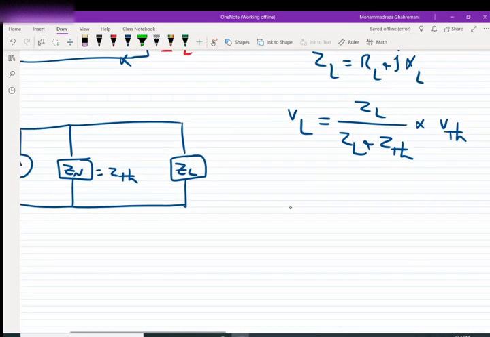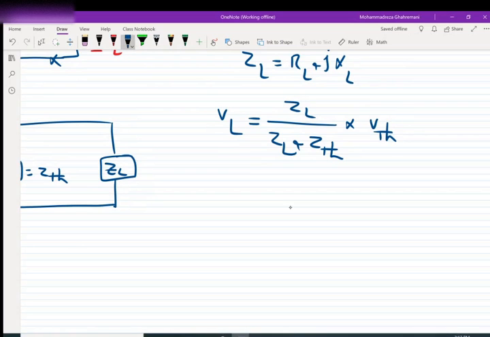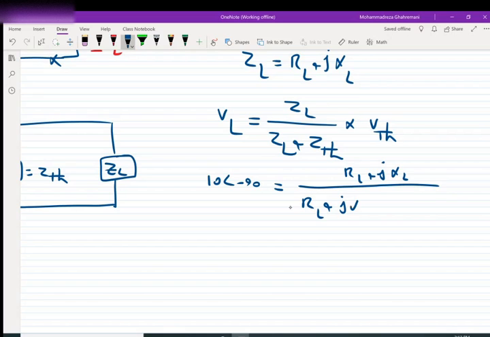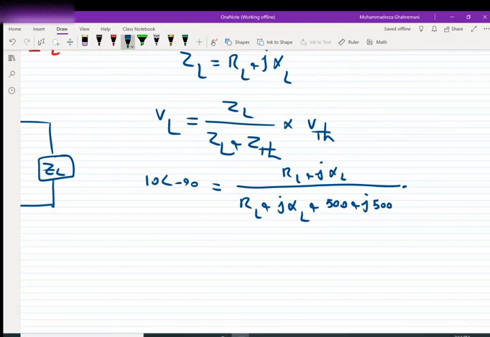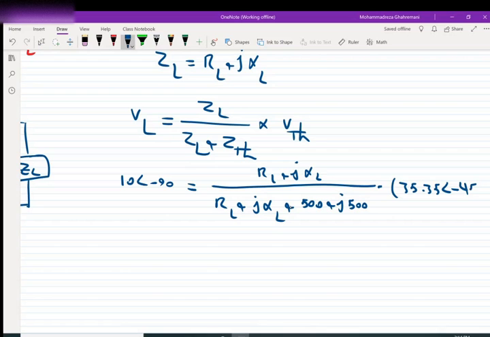Let's just substitute the values. VL, we want to have the value of 10 with the angle of negative 90, is equal to, instead of ZL, we put RL plus jXL over RL plus jXL plus Z Thevenin, which is 500 plus j500, times V Thevenin, which is 35.35 with the angle of negative 45.